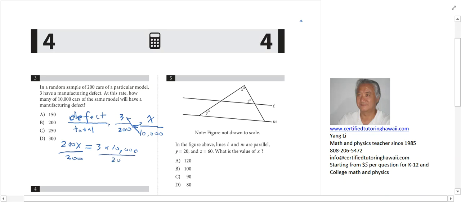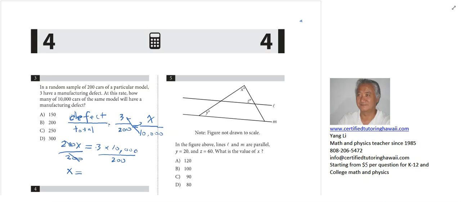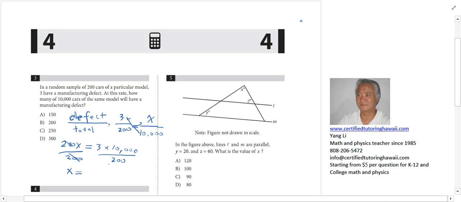Let's use the calculator, faster: that's 30,000 divided by 200. You'll get 150. So that means you have 150 defective cars. So the choice for number 3 should be A, 150.